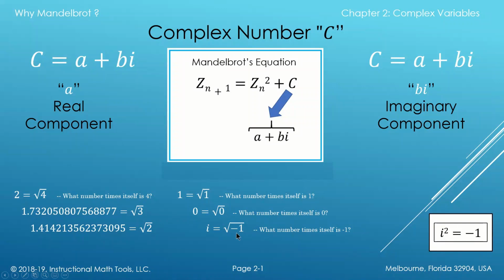And the square root of -1 is i, because i times i is equal to -1, which is the very heart and soul of complex numbers. We have to accept this property: i squared is equal to -1.